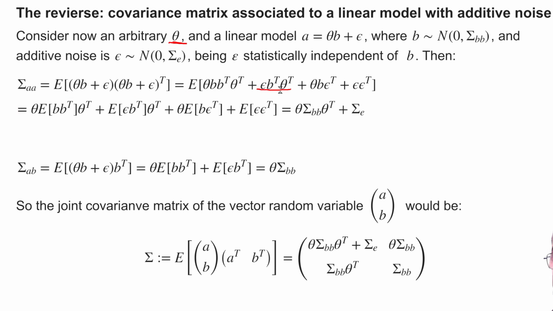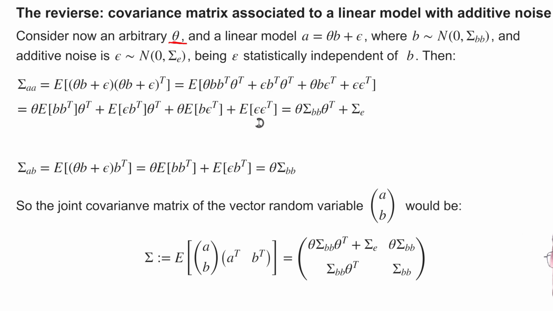Likewise, the expectation of this is this, theta, which is a known deterministic thing, gets out of the expectation, and I get the product of random variables epsilon and B inside the expectation. Same here. And last, the expectation of this thing. Well, there is no theta to take out, so this is it.